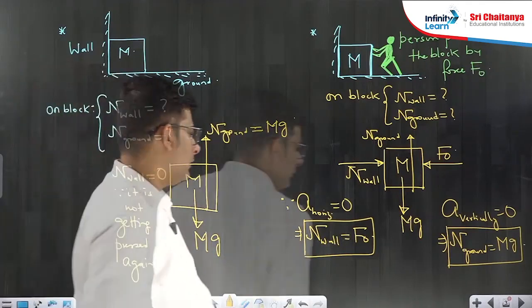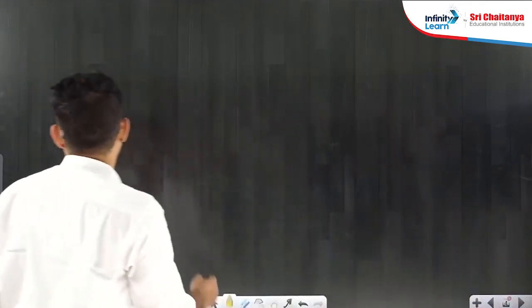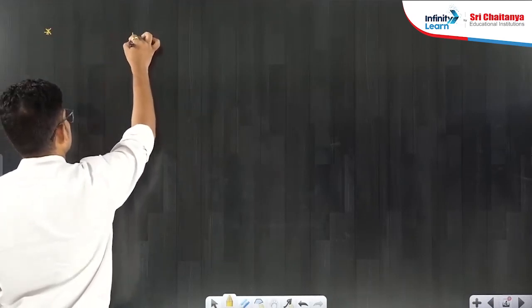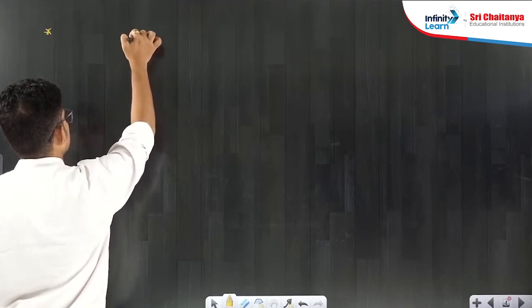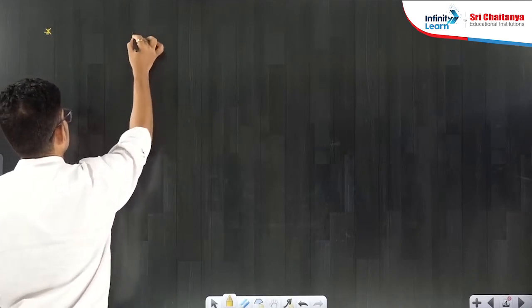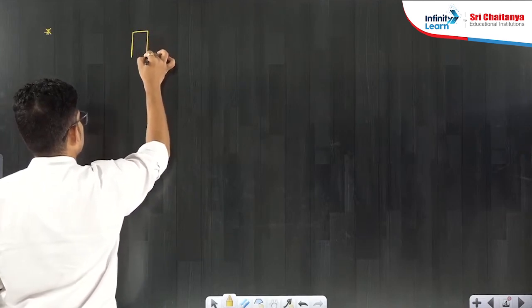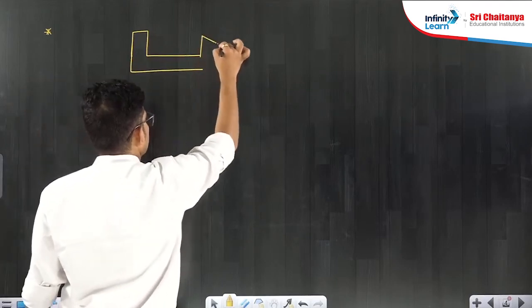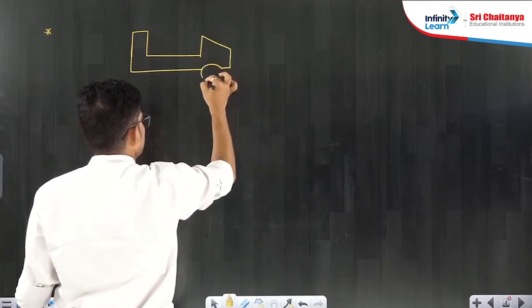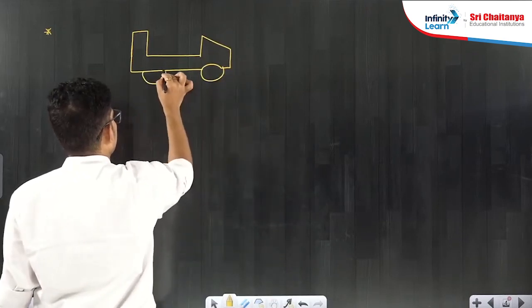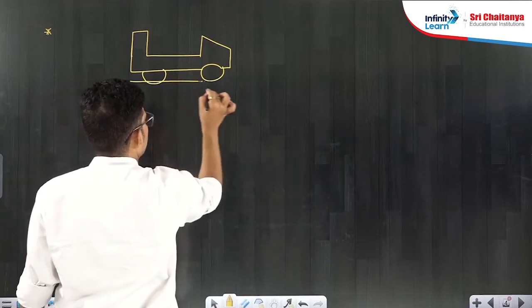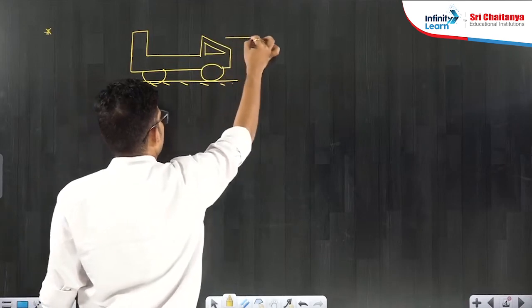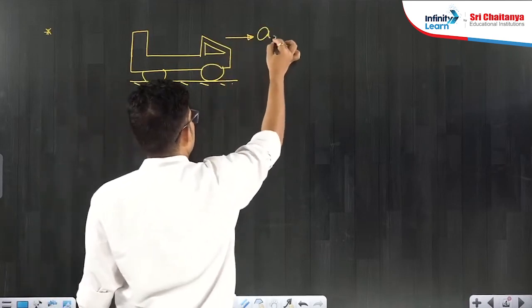Fine. One more example we'll quickly see, where suppose here we have a vehicle moving on the road with some acceleration a0.